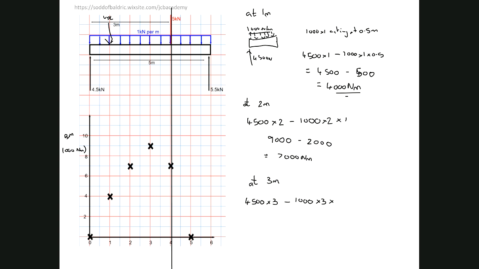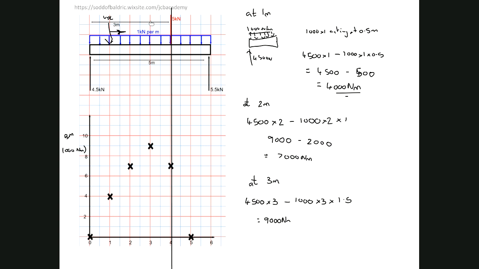So this UDL center's moved from 1 to 1.5. So it's 1.5. And what that gives me is 9,000 Newton meters, which again I plot on my graph.